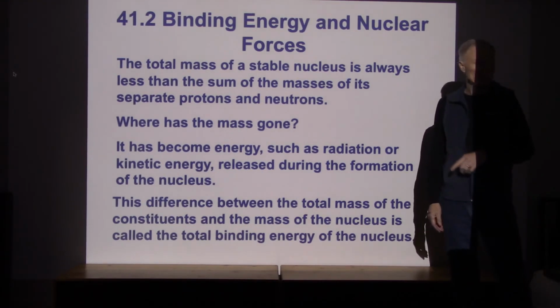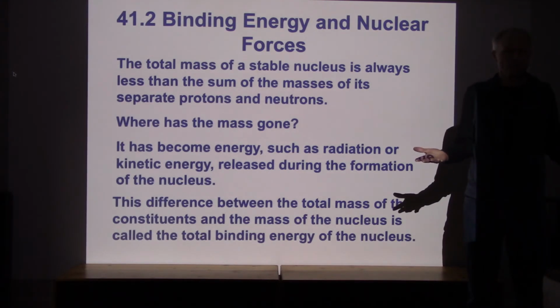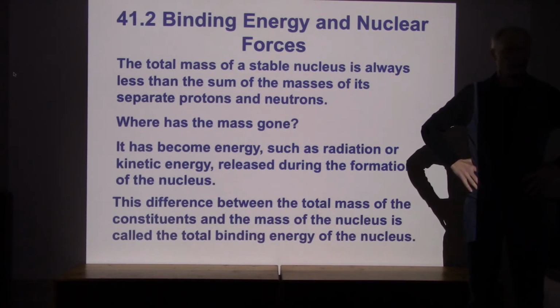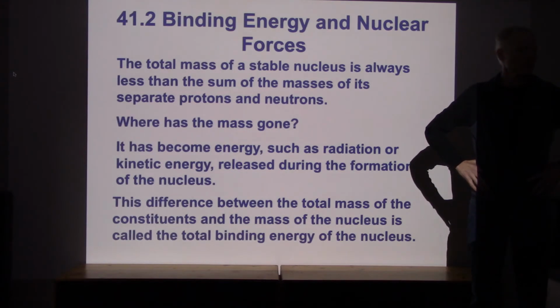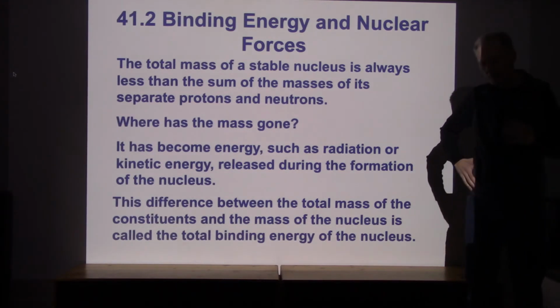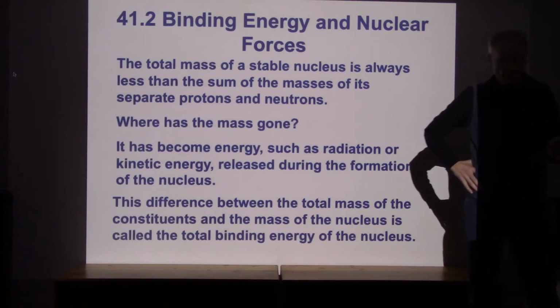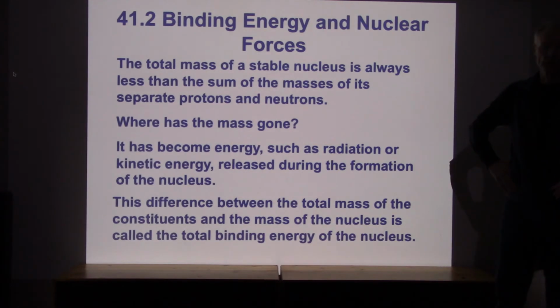Now at this point you might be thinking, well, does that happen in a chemical reaction? In chemistry, we assume that the mass is being conserved. In chemical reactions, the masses definitely change. If it's an exothermic reaction, giving off energy, then the mass has gone down.